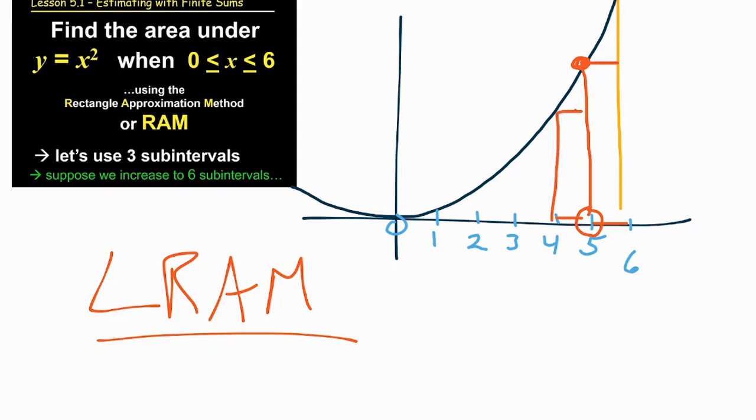Once you draw one of these, usually it's pretty easy to draw the rest, but these are the ones that are going to the left. Notice that I'm using the x value on the left to find the y value. Of course, that y value is going to have a lot to do with the dimensions of each of these rectangles.